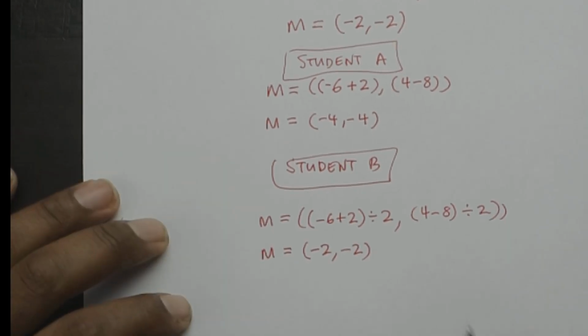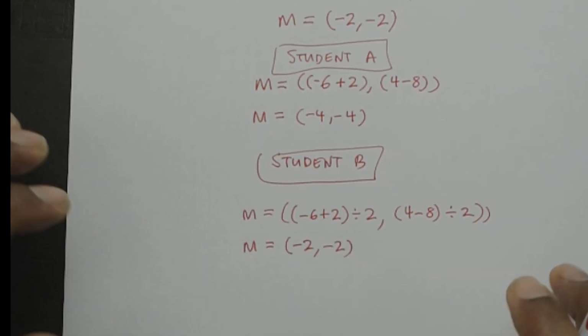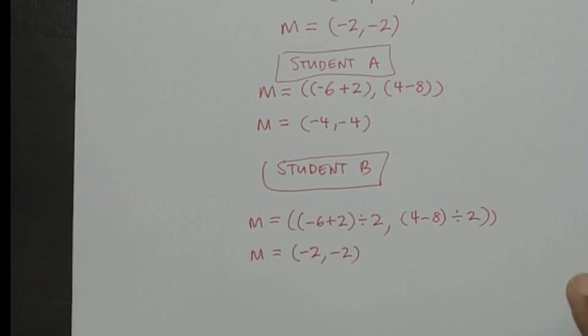Okay. So again, the proper notation would be to add the x coordinates and divide by 2, and add the y coordinates and divide by 2 in this case. So you have to be very, very careful when adding negative numbers.